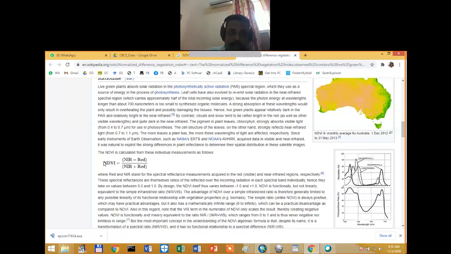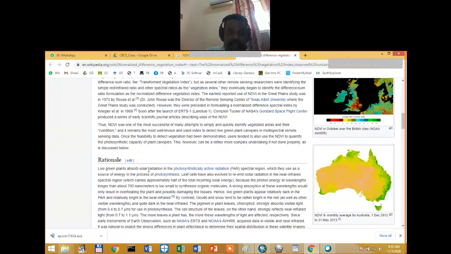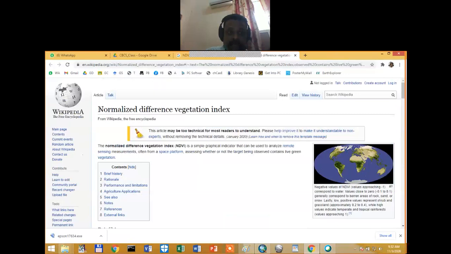Okay, so look at this formula. NDVI, or I can just use the whiteboard. NDVI. So normalized difference vegetation index. So here you see NDVI stands for normalized difference vegetation index.